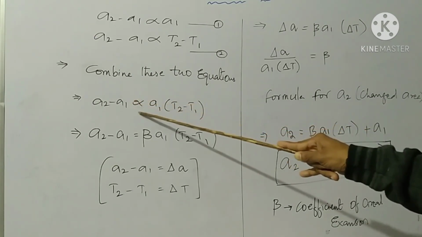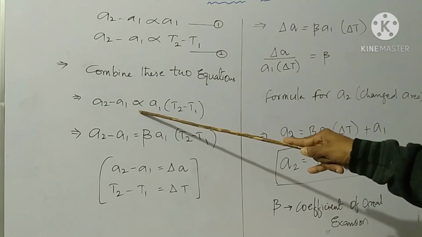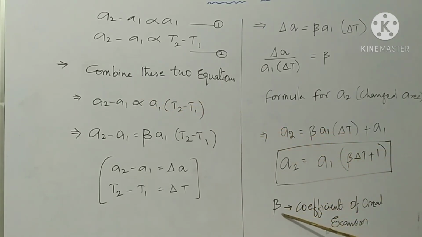My dear children, we can remove this proportionality by using a constant. The constant here is beta. Beta represents the coefficient of areal expansion.